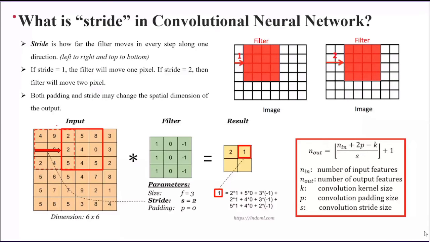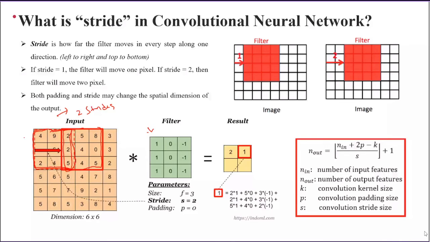Here the filter size is 1x1, and in this case you are moving the filter 2 strides, which means first you are dealing with this particular portion of the image, and next time you are dealing with this portion of the image. So you are moving two strides.